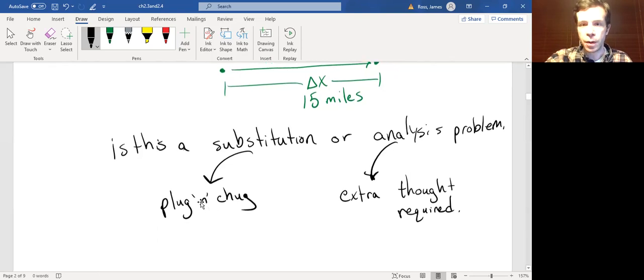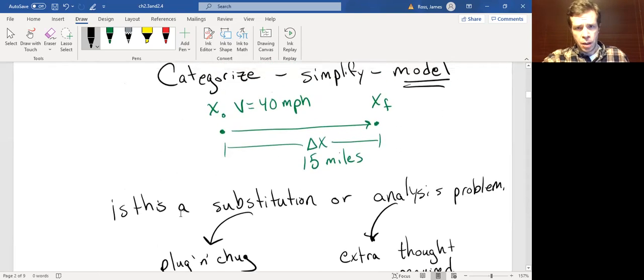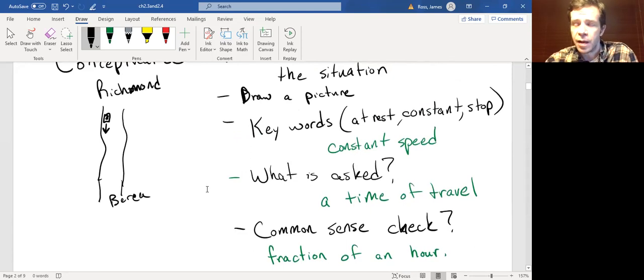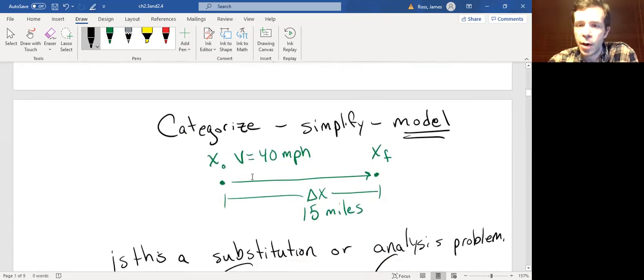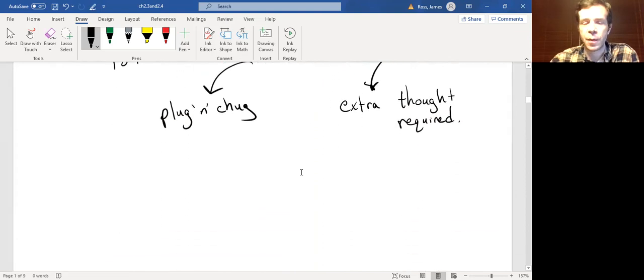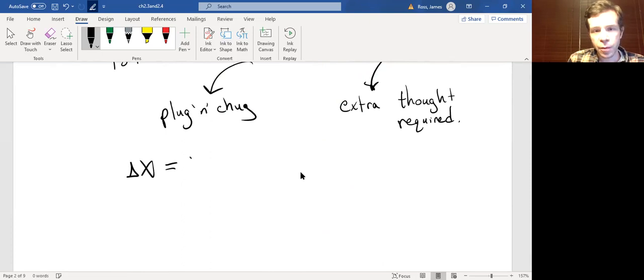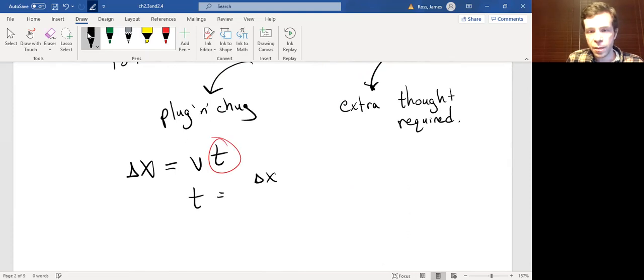We said that this is constant speed, and we're asked for the time of travel. Our constant speed equation is distance equals rate times time. We're asked for the time of travel. So I'm going to solve for that. The time of travel will be the distance divided by the speed.